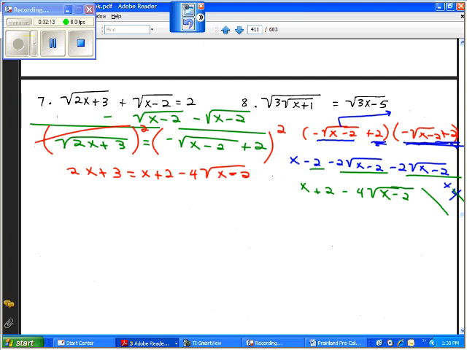Now, we isolated a square root and squared both sides. We have another square root. Now we need to isolate it and square both sides. To isolate it, we need to subtract x and subtract 2, which is going to give us x plus 1 equal negative 4 square roots of x minus 2.